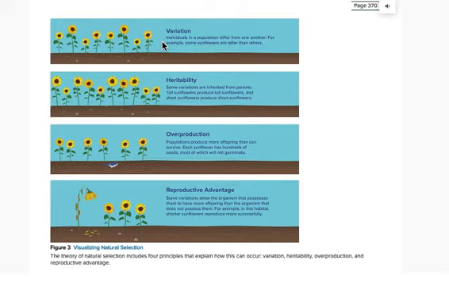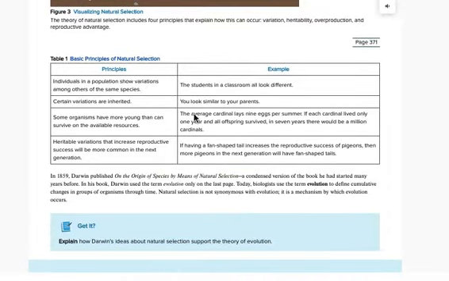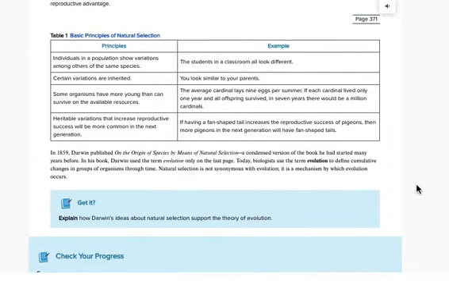So if they are always genetically identical, then evolution can't occur. If something goes differently in the environment, like a new disease, or the environment changes, then the population could completely die, because there's no differences between them that would make one organism survive better than others.